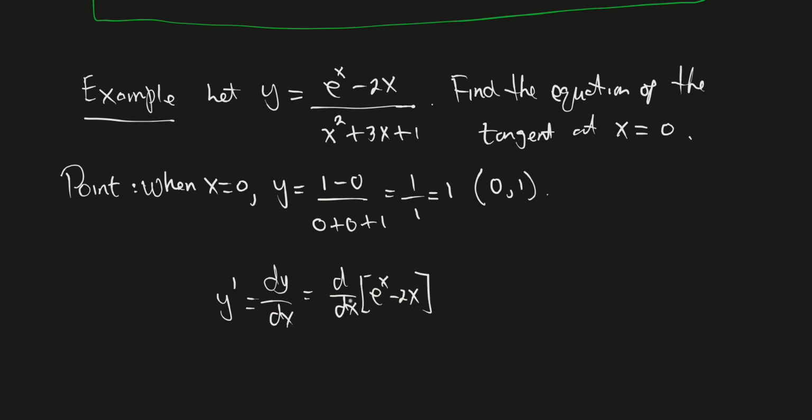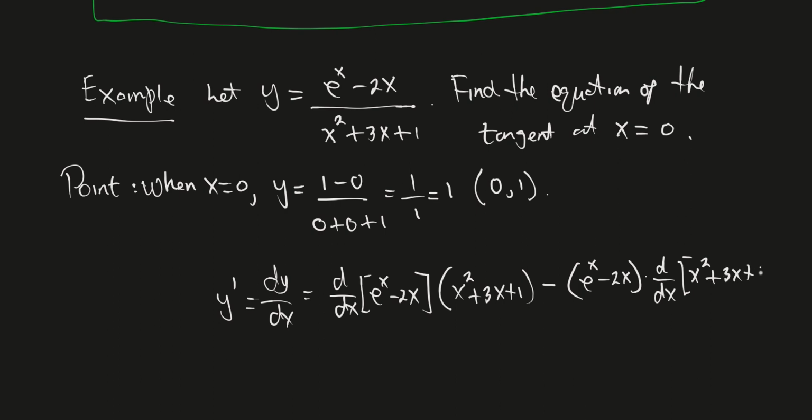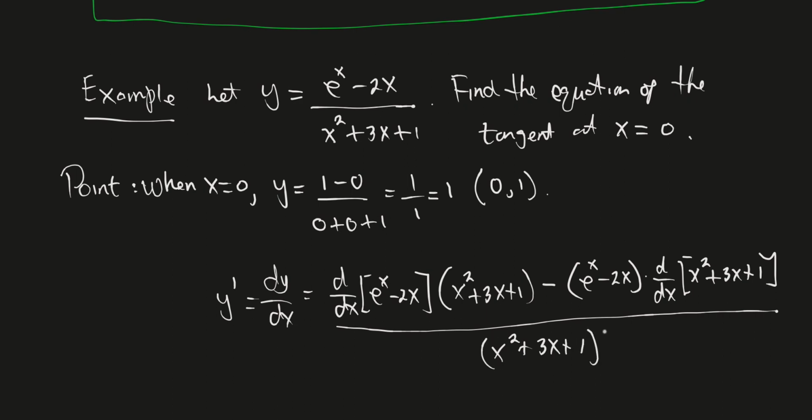So the derivative of the numerator times the denominator, and since that denominator has multiple terms, I want to make sure I use parentheses, and then minus the numerator, which I'll also put in parentheses, times the derivative of the denominator, and that's again your x squared plus 3x plus 1, and then this is all over the denominator squared. So that whole quantity squared.